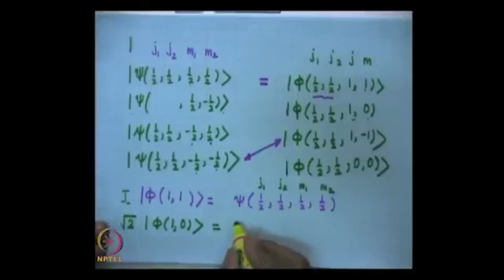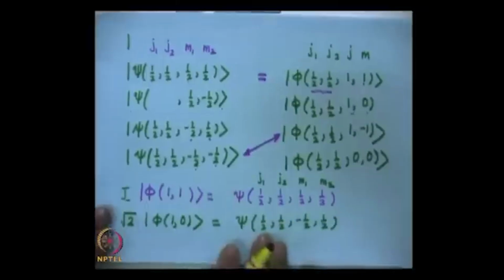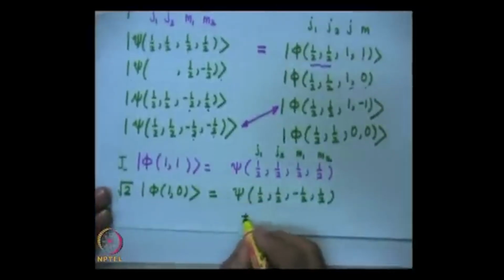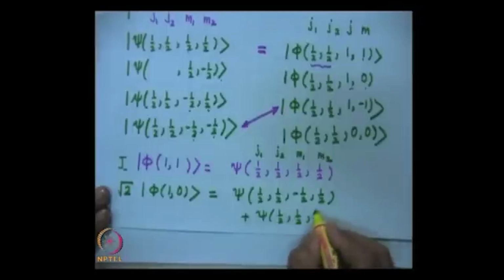So, therefore, this becomes psi half, half, minus half, half, and if you operate by j 2 minus, you also get psi half, half, half, minus half.